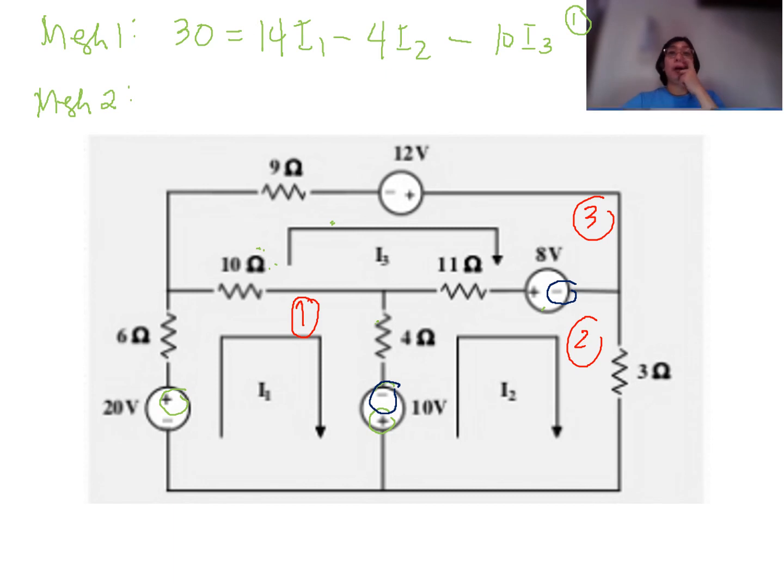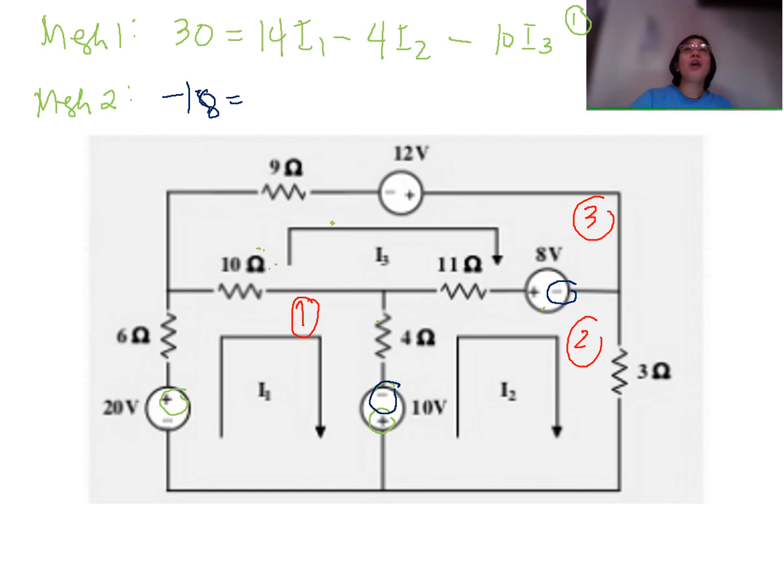Okay, so negative 10 and negative 8 have the same polarity, same direction, so this is additive, but we have a negative answer. So we have negative 18. Okay? So all the resistors connected at mesh number 2, we treat as positive.